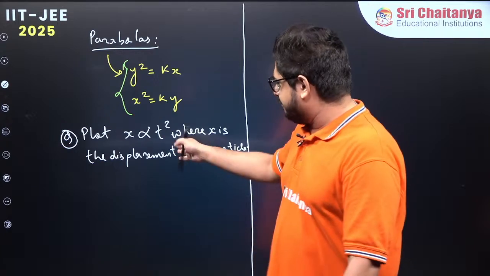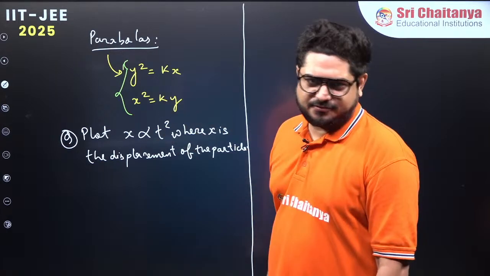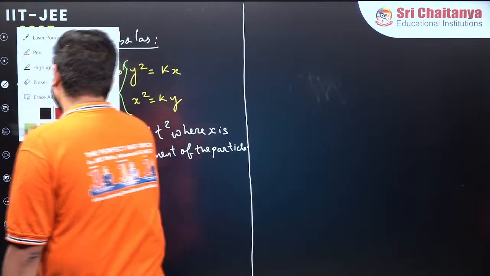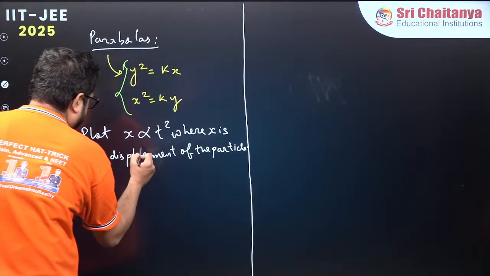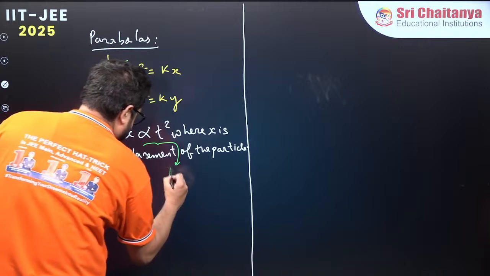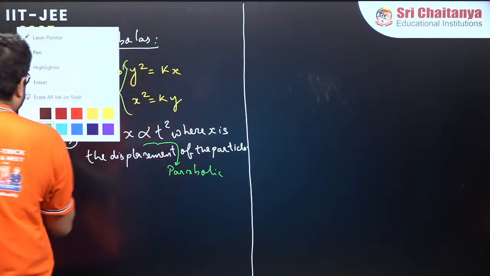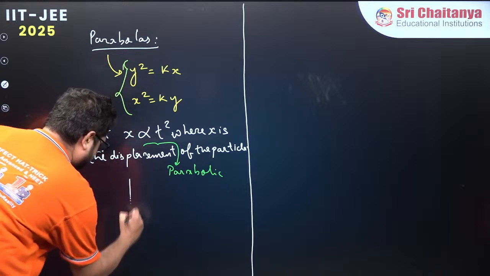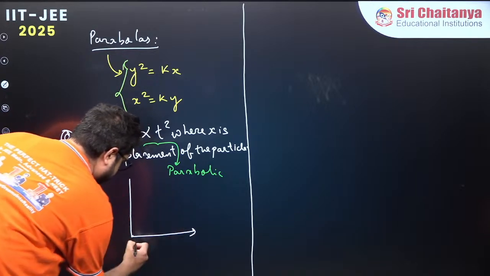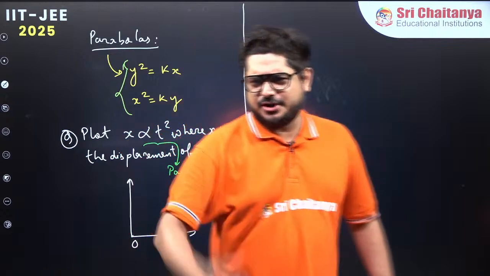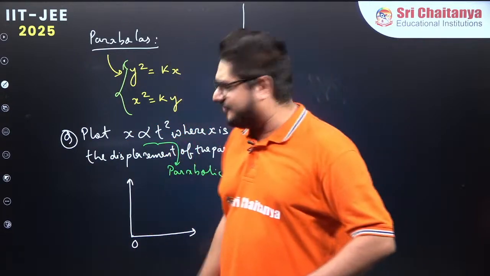So now displacement is varying as the square of time, isn't it? So that's what represents a parabola. This is what the nature is going to be, parabolic. If I try to plot it, I can plot it in the first quadrant. You can also plot it in the second quadrant, it depends on you. So the nature of the graph is parabolic.